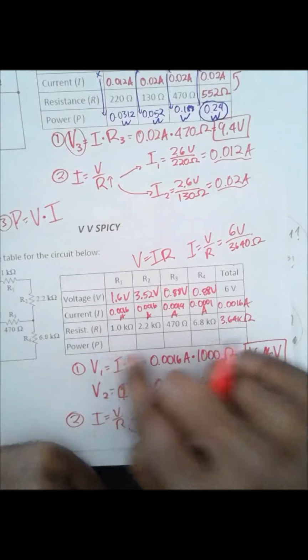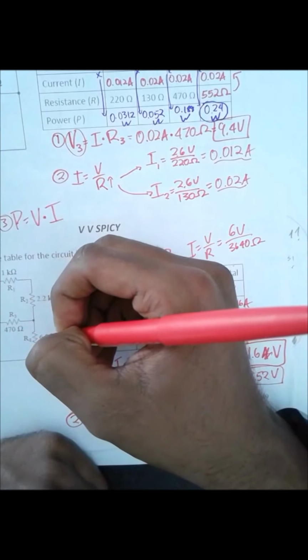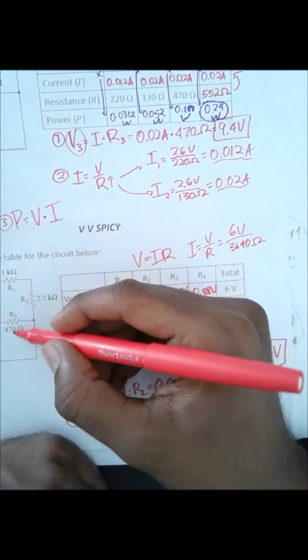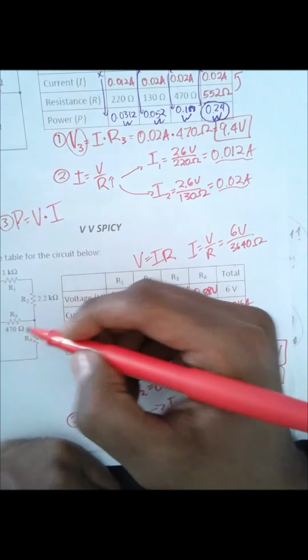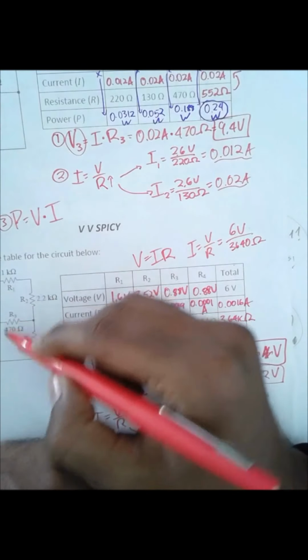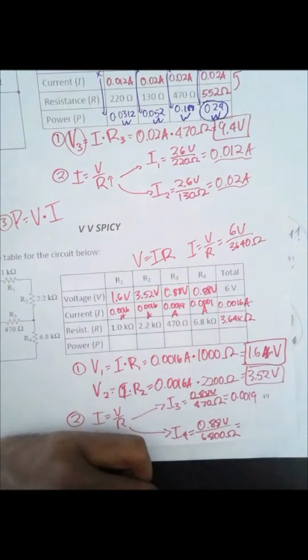You have a really high resistance. Why the devil would the current want to break off into this loop and then go through that behemoth of a resistor, 6.8 kilo ohms, when it could just go through this pleasant little 470 ohm resistor on its way to the main branch? Like, come on, we want less resistance. There's obviously going to be more current going through R3, by a factor of 10.